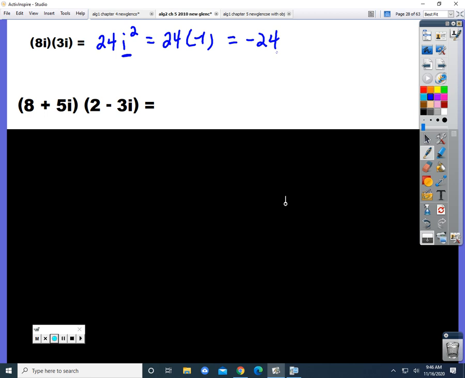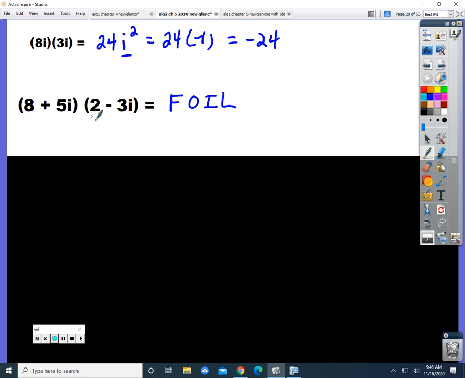Now this is a binomial times a binomial. And so you're going to use first, outer, inner, and last. And then you'll have some simplifying you need to do after that. So let's do this one. So 8 times 2, 16. 8 times -3i, -24i. 5i times 2, 10i. 5i times -3i, minus 15i squared.